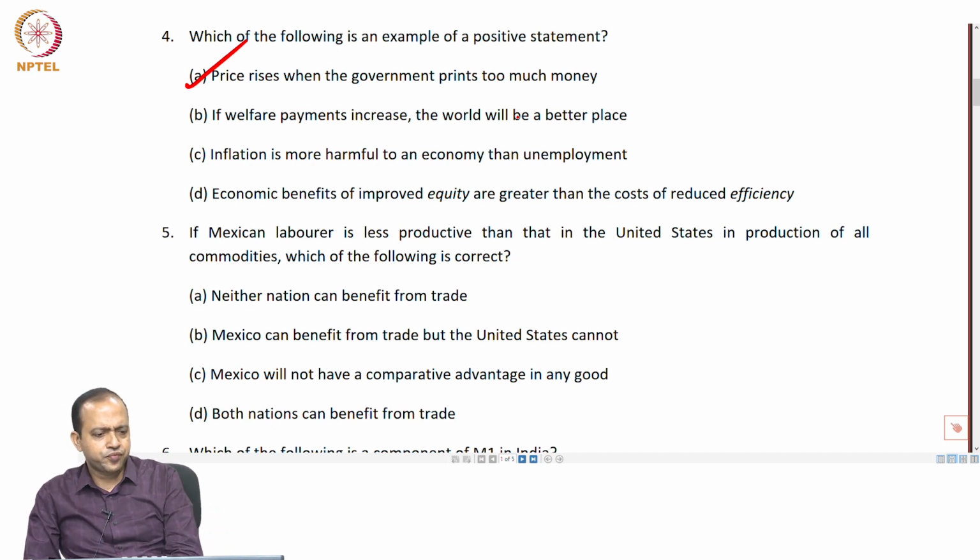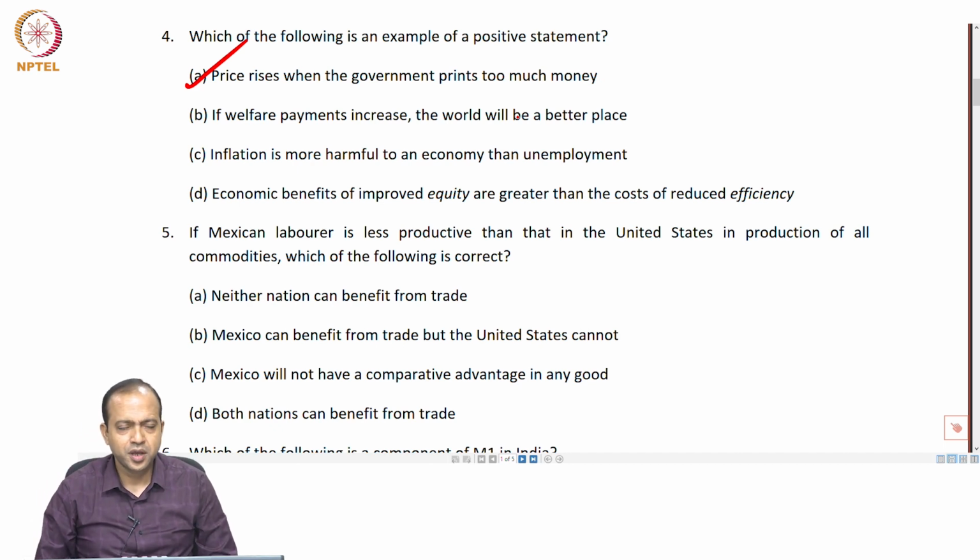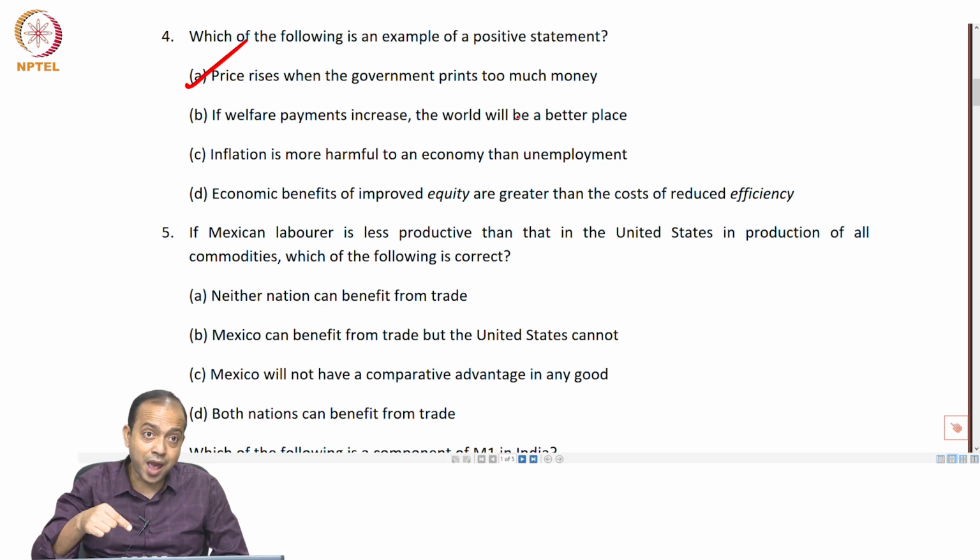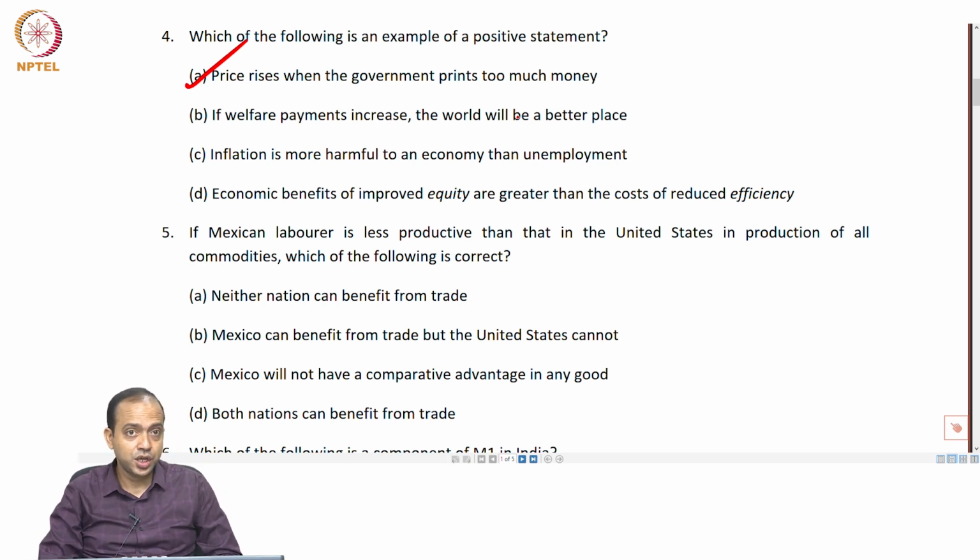Since Mexican labor is less productive for both commodities, the US has absolute advantage in producing both computer and wheat.